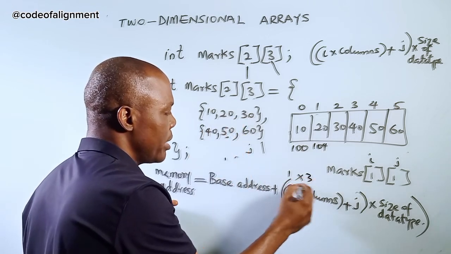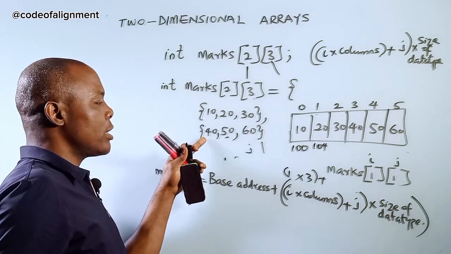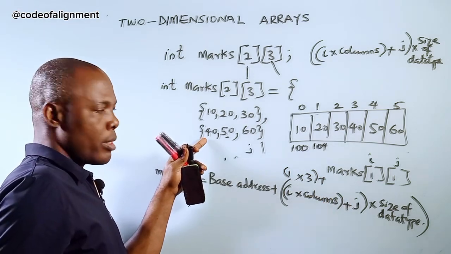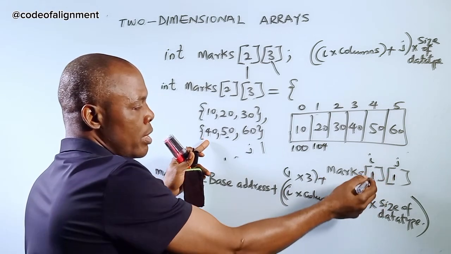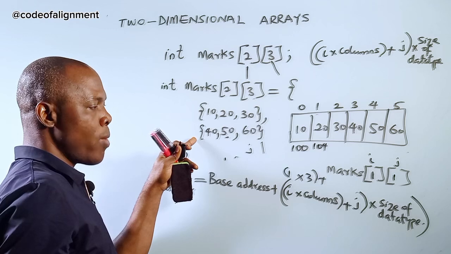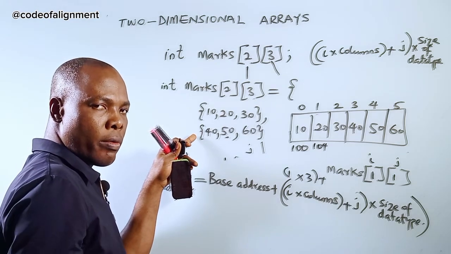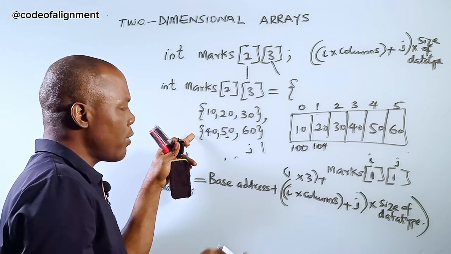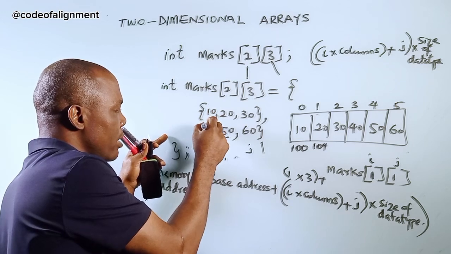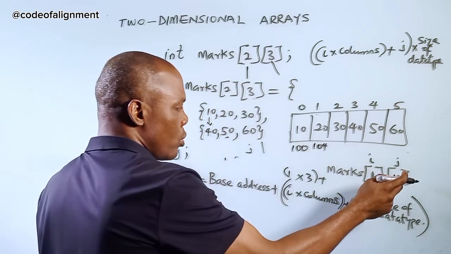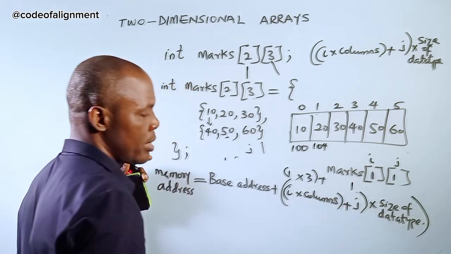So multiply by 3, plus, when you get to this row, because what you are looking for is 1 and 1, so we are in row 1. How many columns are we going to pass before we get to this 50? Just 1. So J is 1.